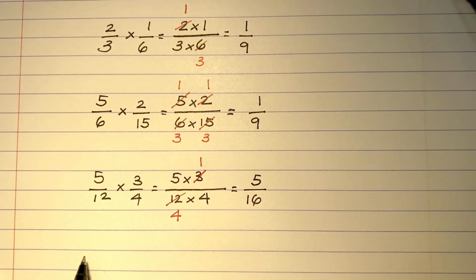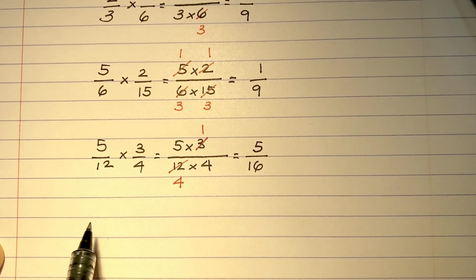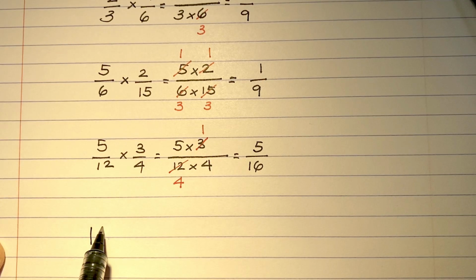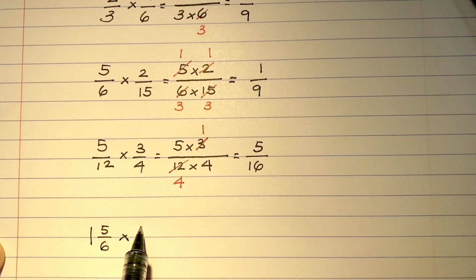Let me take you to mixed numbers now. 1 and 5/6 times 2/3. So one mixed number, one normal fraction.